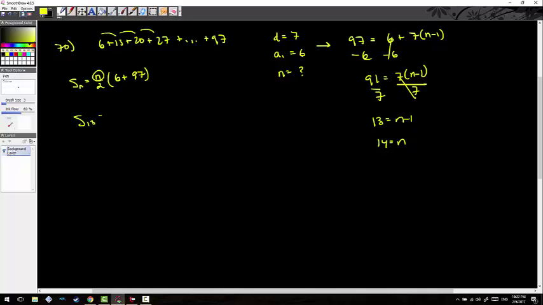So s sub 14 is equal to 14 over 2 times, looks like 103. From here, it's a little bit of calculator work. If you don't know what 14 times 103 is, it should be 1442 divided by 2. And that's really as far as you need to go. Not exactly the best number, but it's something that works.